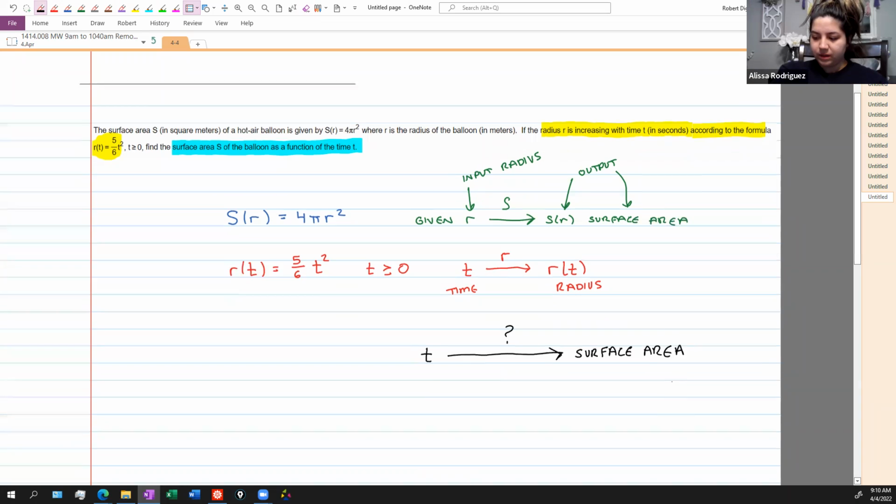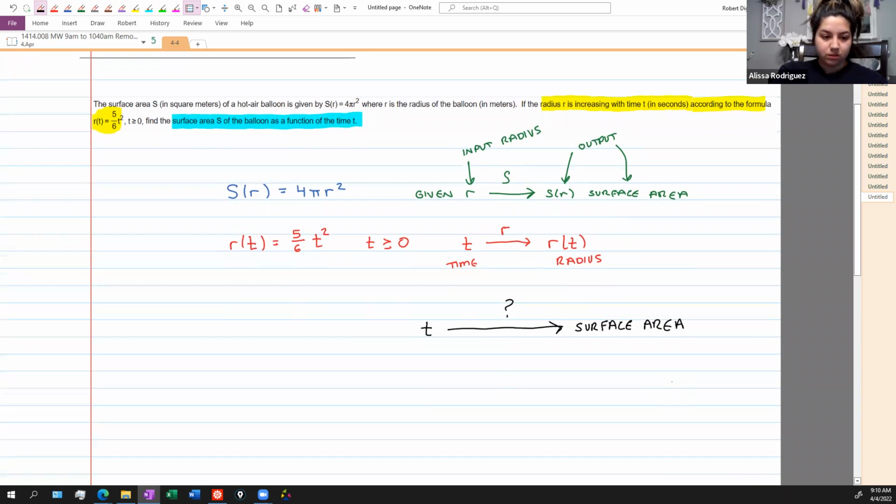Is it the S of R times T? What do you mean, S of R times T? Like, you know how we do G of F? Okay, yes. You said time, so we gotta be careful here because composition is not multiplication, it's composition, it's a different operation. So Alyssa's on the right track here.